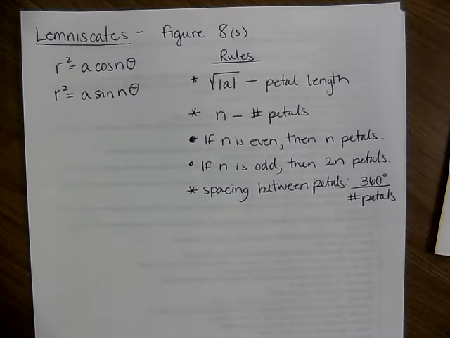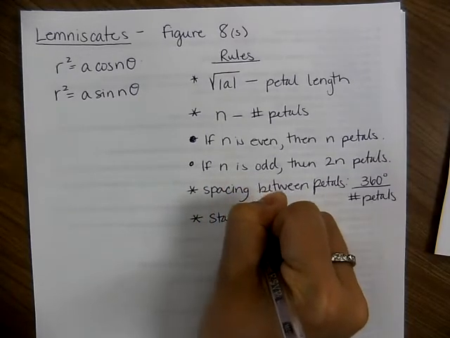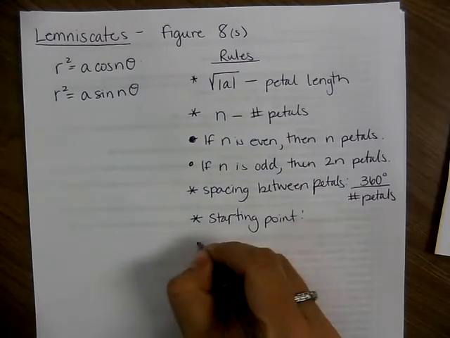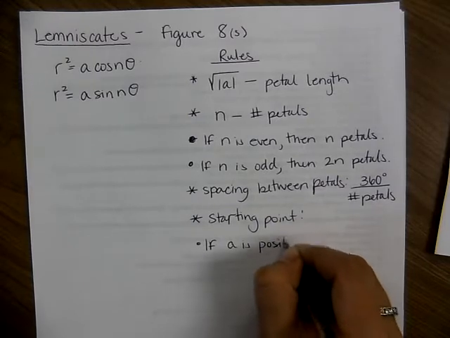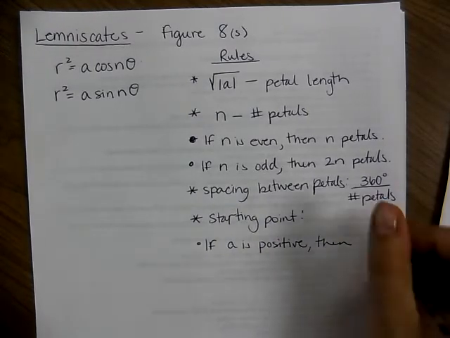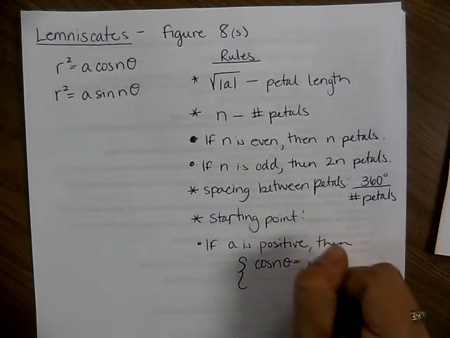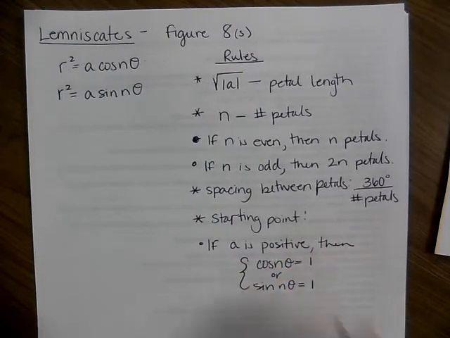Then there's one more thing we have to figure out, and that's the starting point. Remember how you figure out the start? So the starting point, you have to follow these rules. If A is positive, then you're going to take either cosine of n theta and set it equal to 1, or sine of n theta and set it equal to 1.